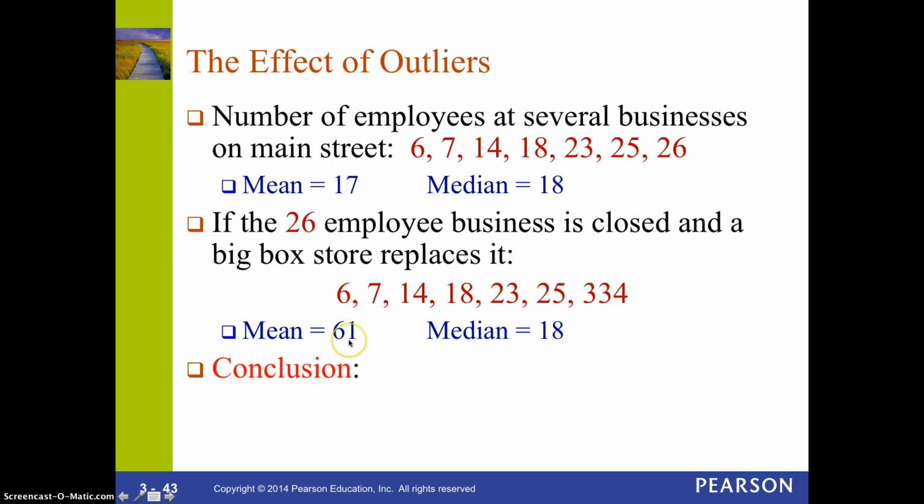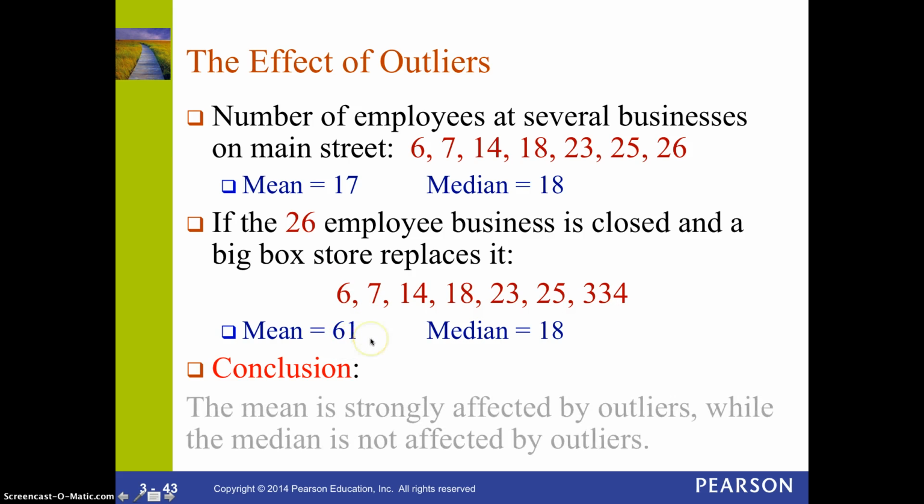The mean is not really a typical number of employees that these businesses employ, because there's only one store that even employs more than 61. All the other stores employ quite a few less. So in this case, it's the median you want to use as the center of the distribution, or a typical value. Just adding that one value made my mean change by quite a bit, but it didn't change my median at all.